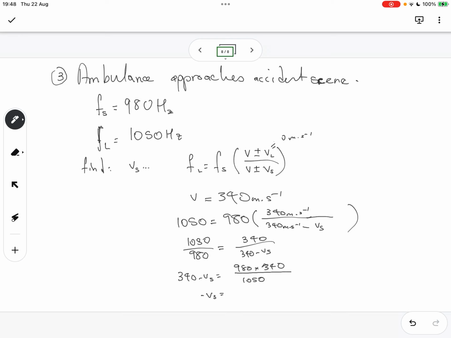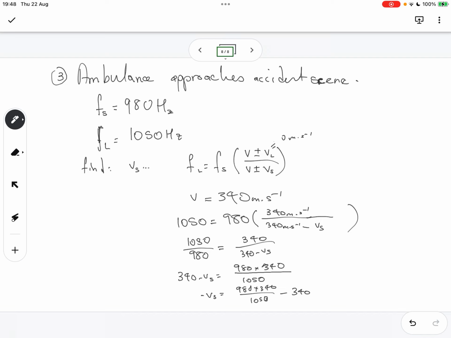Negative Vs equals 980 times 340 over 1050, minus 340.